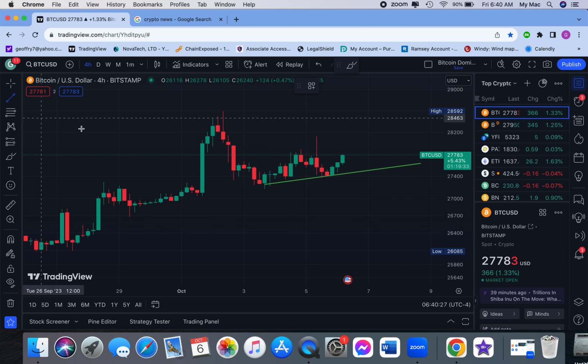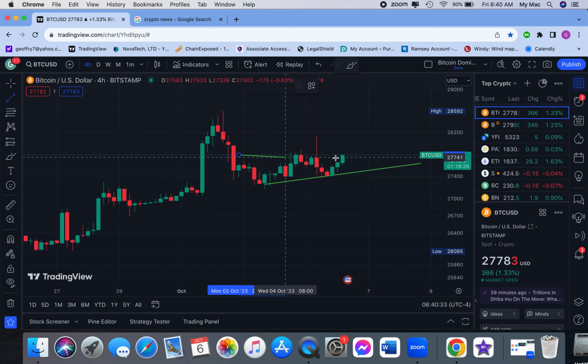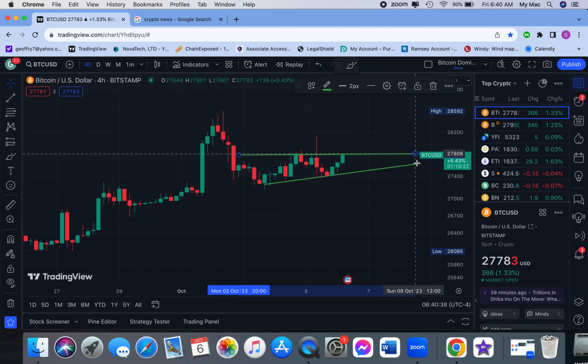And then we can draw it also across the top like this. And what does it look like it makes? It looks like it's making a triangle, and that would be correct.